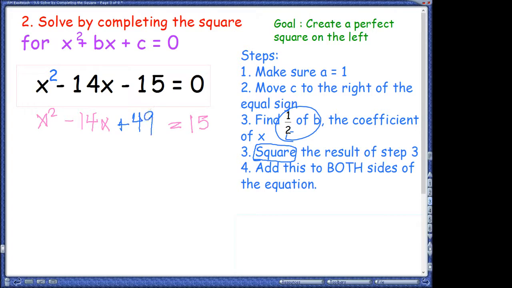And when we do this, the equation has become unbalanced, so you must add 49 to both sides. It turns out that what you have done is on the left side you have created a perfect square of x minus 7. On the right side, 15 plus 49 is equal to 64.